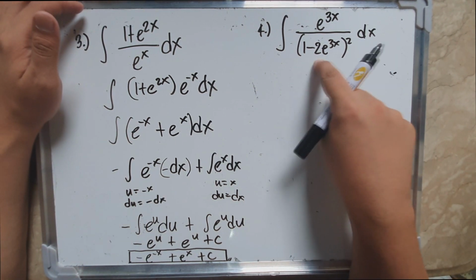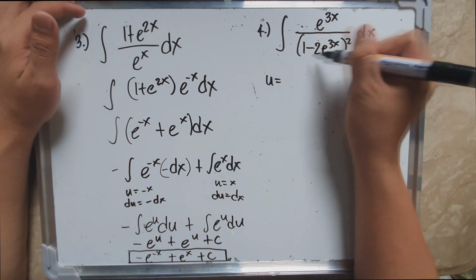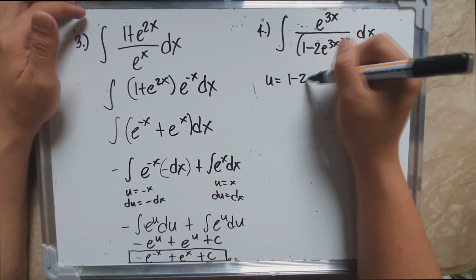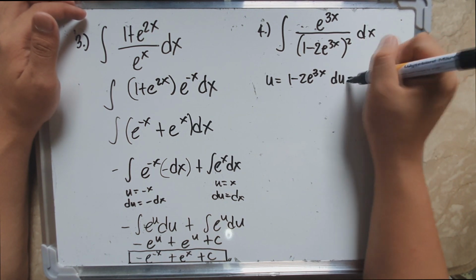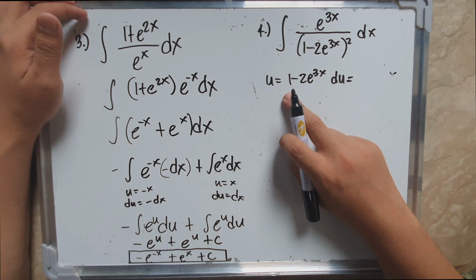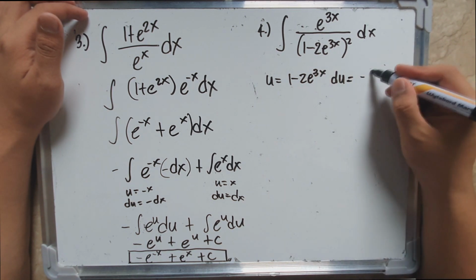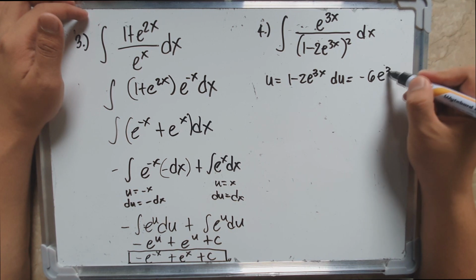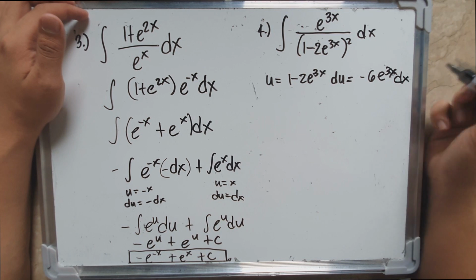If we assign the denominator, or this quantity, 1 minus 2 e raised to the power of 3x, as u, the derivative of that: the derivative of 1 is 0, minus 2 times 3, we have 6 e raised to the power of 3x, and the derivative of x, which is dx.